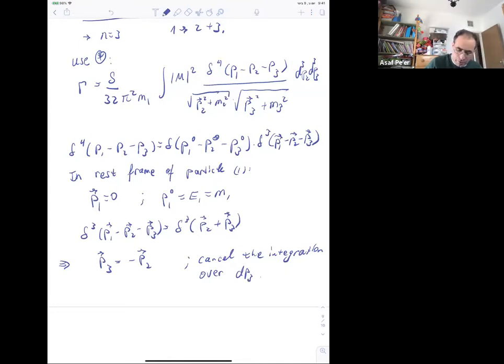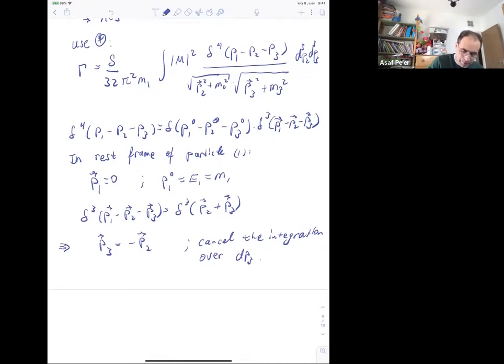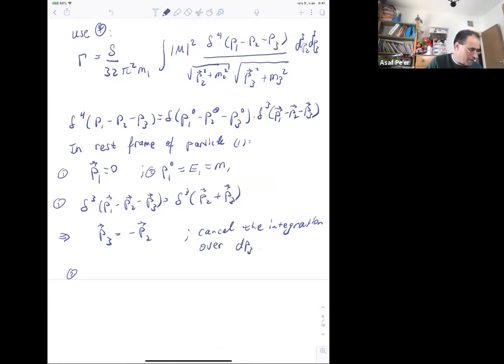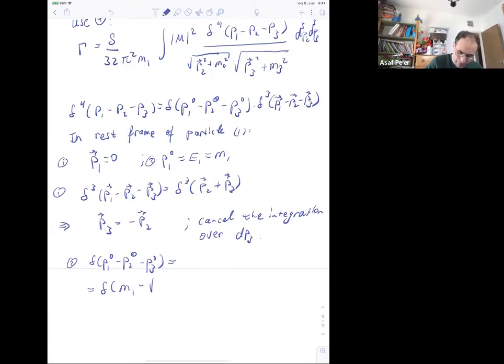Now, since we have E1 is equal to M1, we end up with the delta of P1 0 minus P2 0 minus P3 0, which is just equal to delta of M1 minus, well, P2 0 is just the square root of P2 vector squared plus M2 squared, minus the square root of P3 vector squared plus M3 squared. All right, is that clear to everybody?